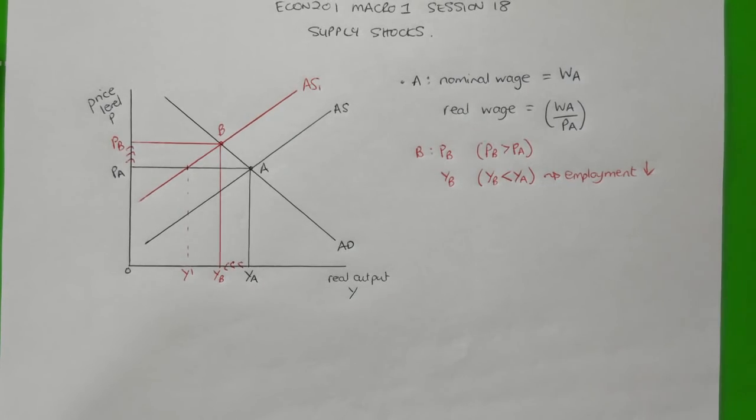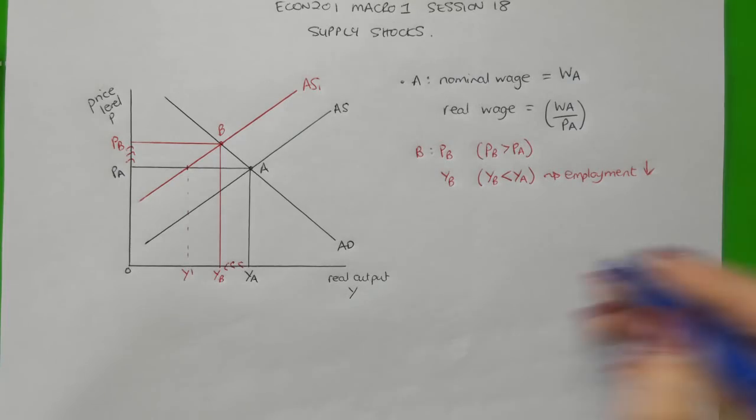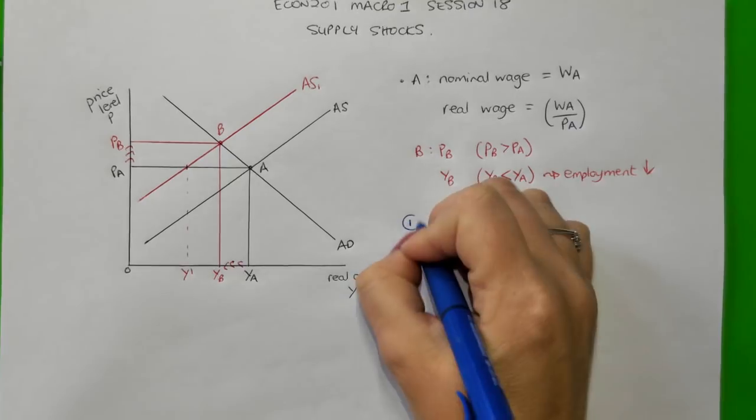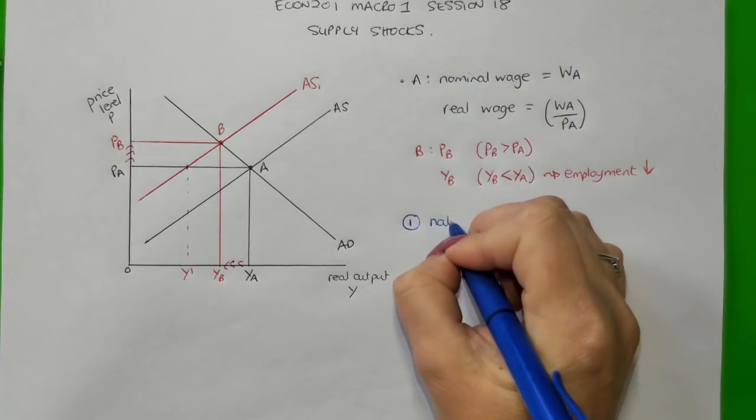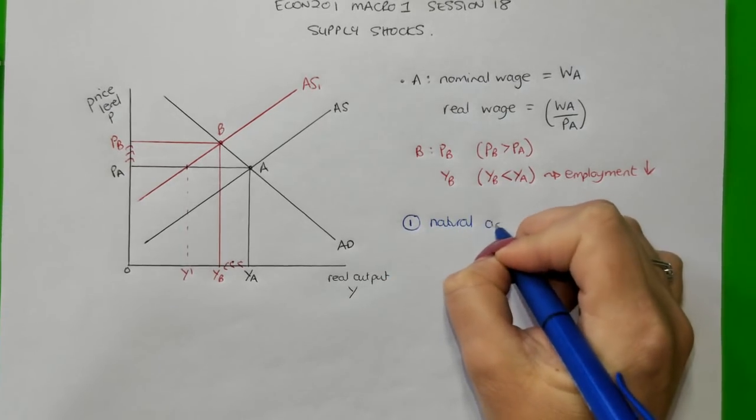Alright, so that's the basic mechanism of the supply shock happening. What can be done about it? The first thing to look at is that it's possible for governments and reserve banks to not do anything, and we call this a natural adjustment mechanism.